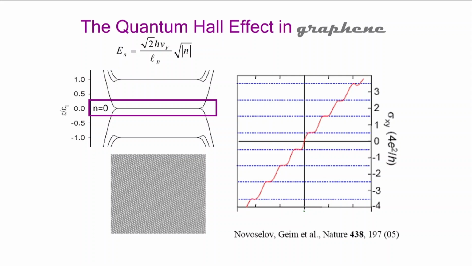Then the spectrum you get is what you see in this black figure, which is taken from Bray and Fertig's 2006 paper, okay?